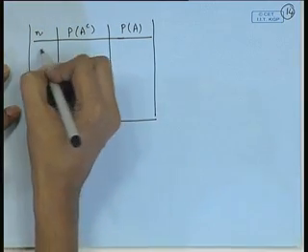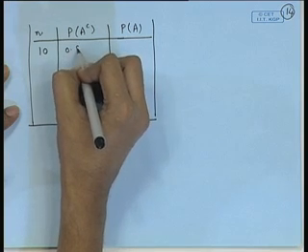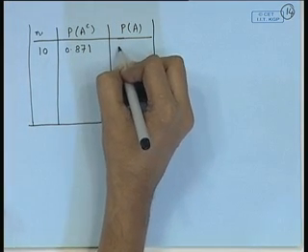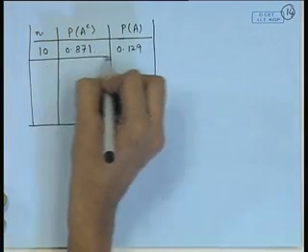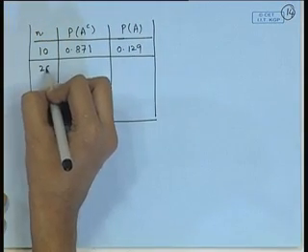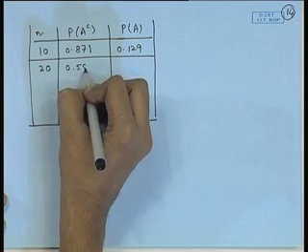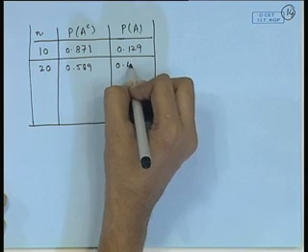If I have n equal to 10, then the probability of A complement is 0.871 and consequently the probability of A becomes 0.129. If we take n equal to 20, the probability of A complement is 0.589 and the probability of A becomes 0.411.